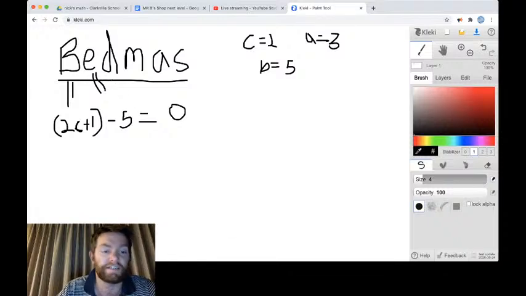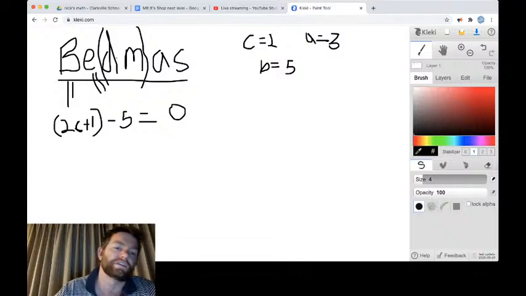Division is the D. That means that in a problem that has division in it and also has addition or subtraction in it, you would do the division part before you would do the addition or the subtraction. Now, even though it's said to be BIDMAS, division and multiplication are worth the same amount.